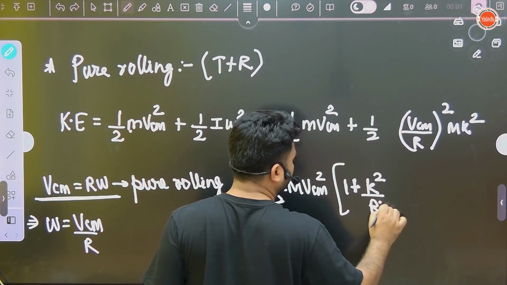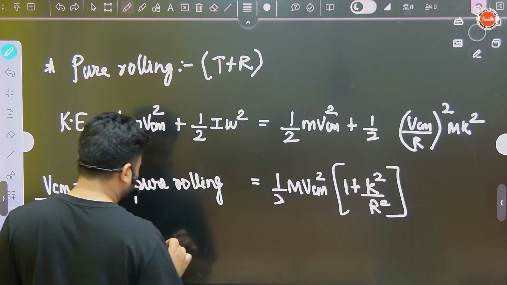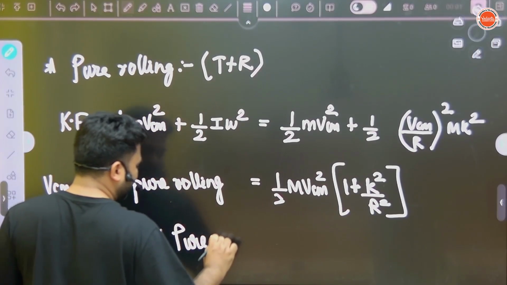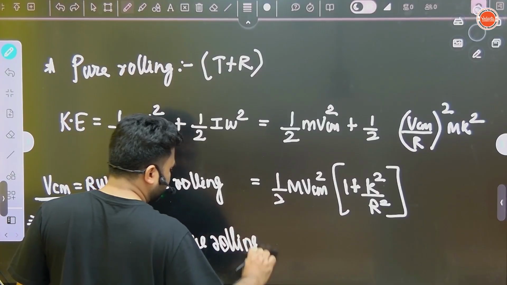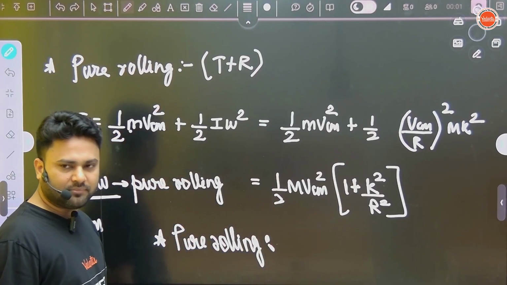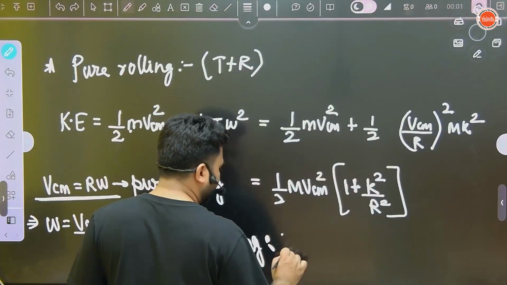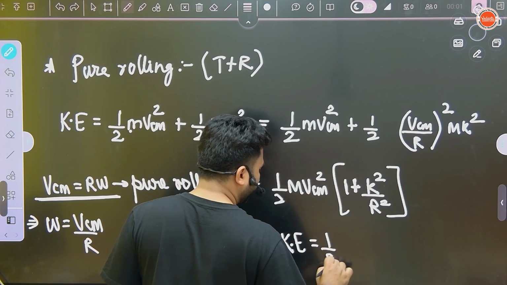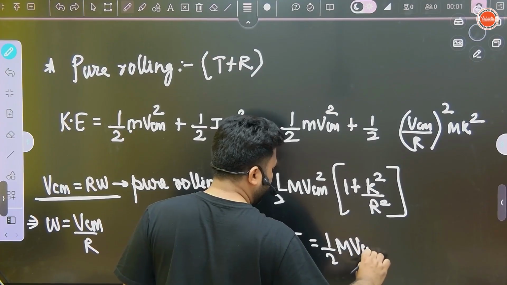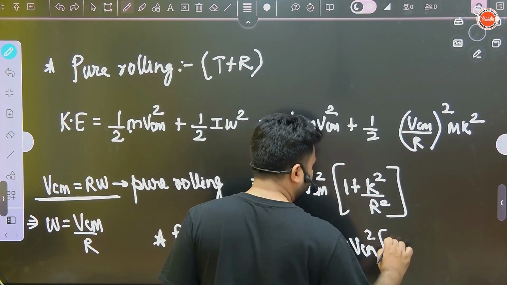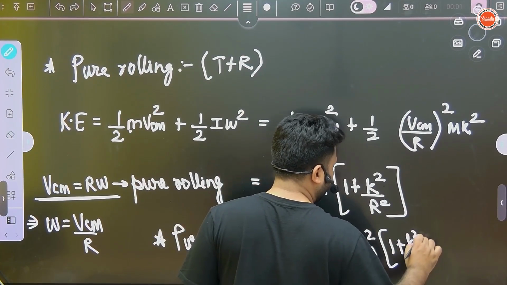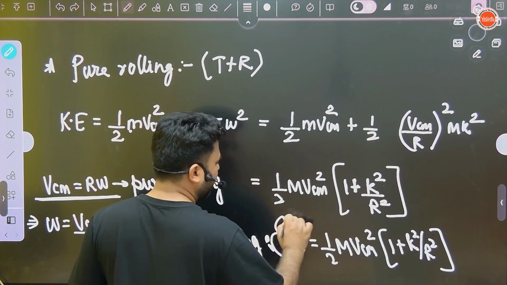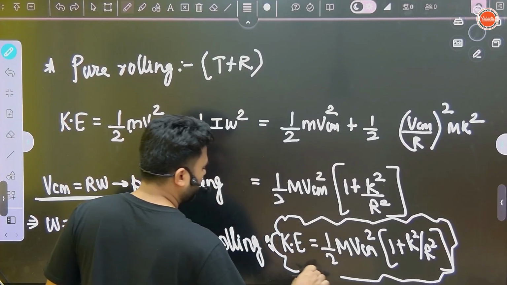I have proved this; you just need to remember that if the object is doing pure rolling, they will ask directly like this: what is the kinetic energy? The formula is half m VCM square, bracket 1 plus k square by r square. This is the kinetic energy in pure rolling.